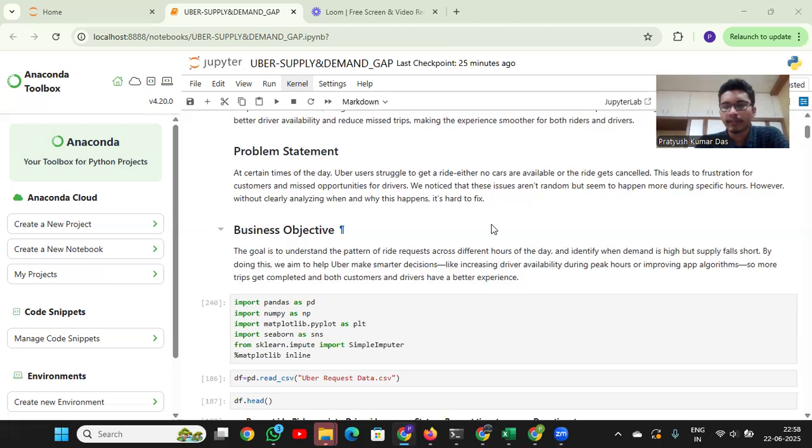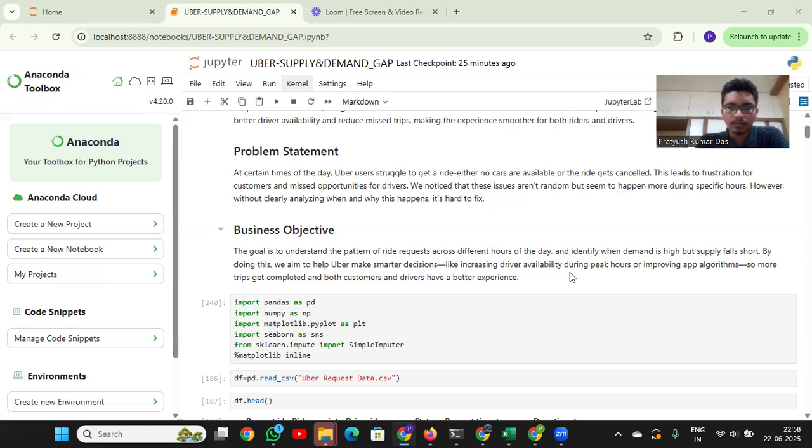This often leads to frustration among the users, and they often resort to other applications like Ola or Rapido, where they can opt for better rides at lower prices and better comfortability too, along with convenience. We notice that these issues aren't random, but they seem to happen during some specific hours, as per our analysis, which we are going to discuss at a later point.